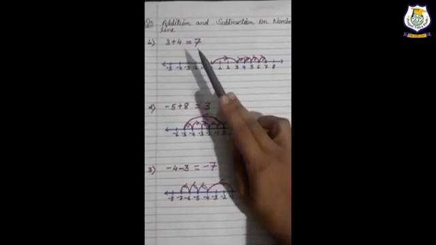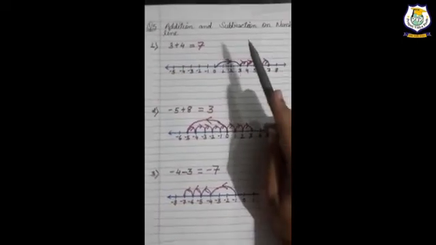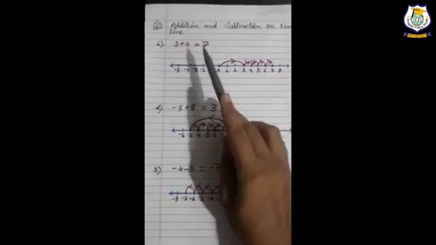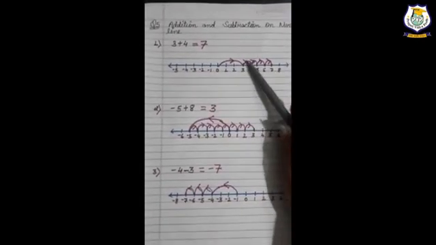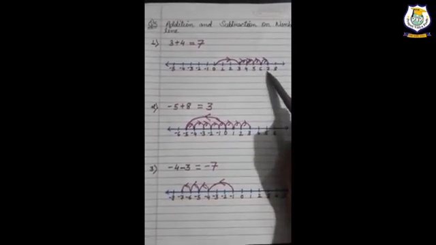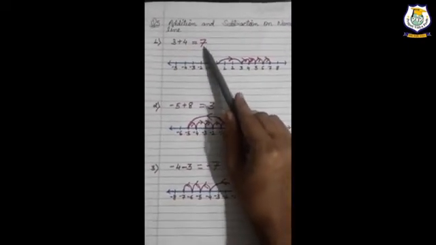Now the second number is 4, so we will take 4 steps on the right side, because 4 is given with the positive sign. From 3 we start: 1, 2, 3 and 4. Now we are on 7, which means 7 is our answer, so I have written 7 here.